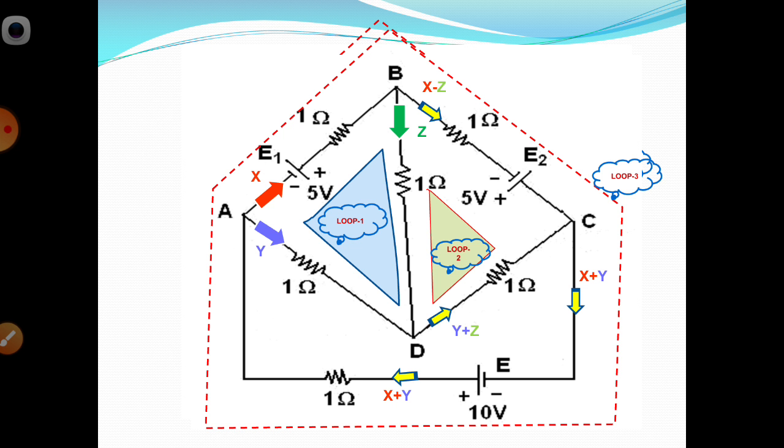We assume it as X plus Y, some unknown current. So the sum of the current is X plus Y. The current flows through the 1 ohm resistor and reaches a node. At that node, X amount of the current flows in branch AB, and the remaining Y amount of the current flows in branch AD. You can see here.